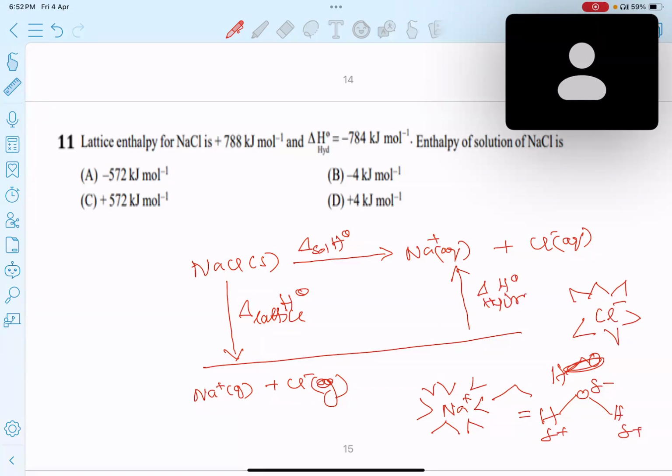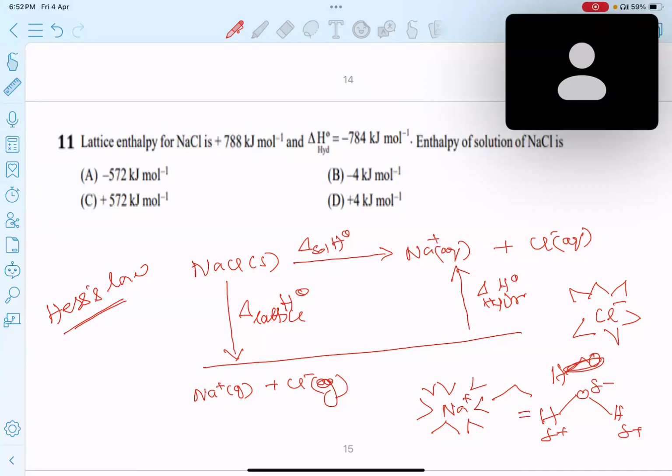What is given in the question is the lattice enthalpy and also the hydration enthalpy, and we want to find the enthalpy of solution. So here you have to apply Hess's law. What is Hess's law?